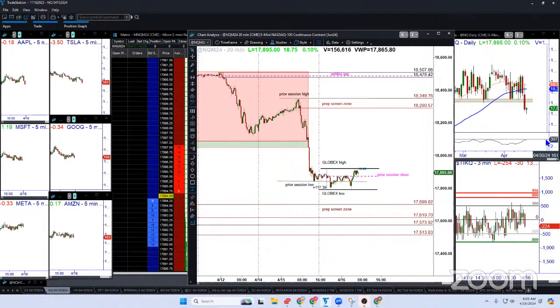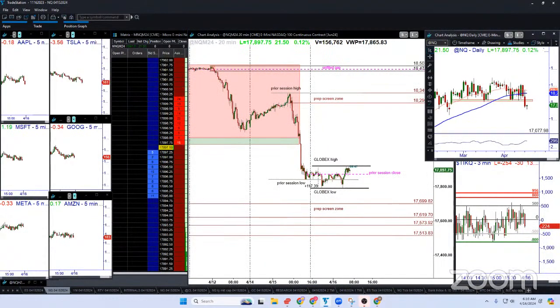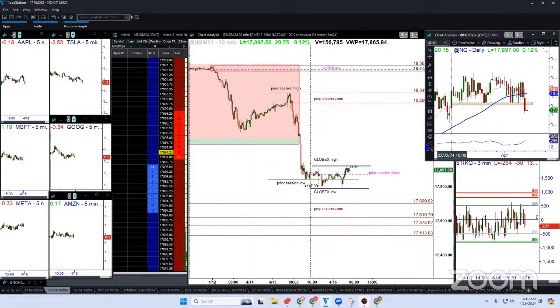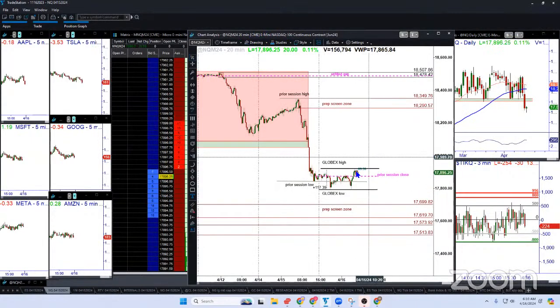And as we compare the daily range to the Globex range, 295 on the daily chart for the NASDAQ 100. NASDAQ 100, 2 days now close below the 50-day moving average. Okay, things are starting to get a little bearish, and we should acknowledge where the 200 simple moving average is as well. Okay. So the range, we got 117 points.